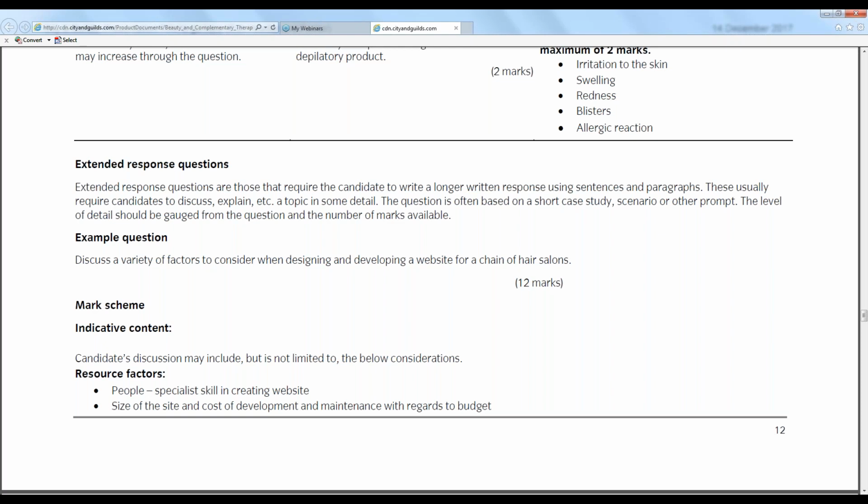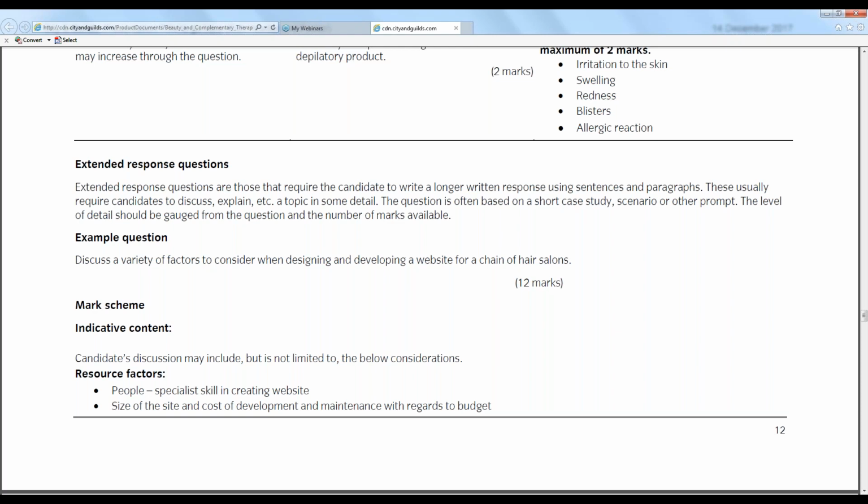So we need to make sure they understand what the command verb discuss means. As I say, last year our learners didn't do quite so well with the extended response question. And I think this is where we've got to give them some more structure, supporting them with how they write against an extended response question.